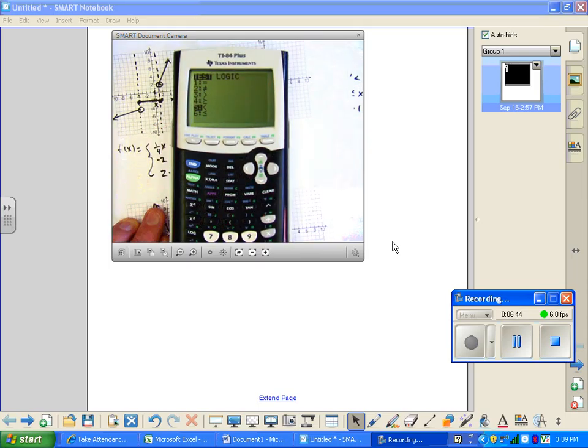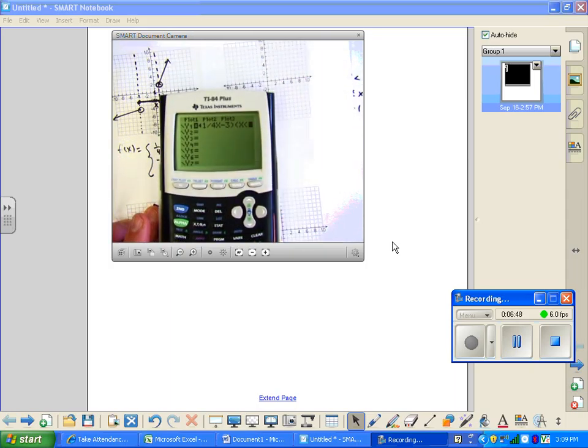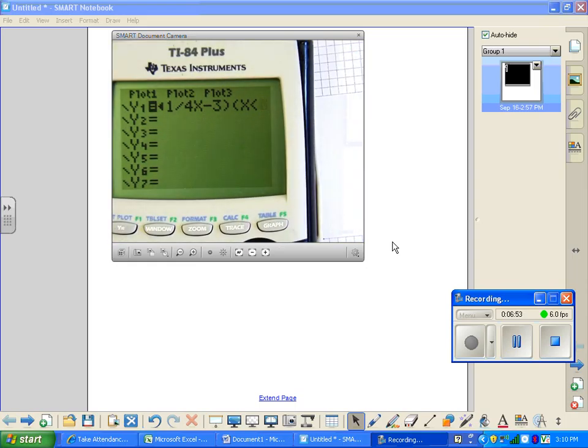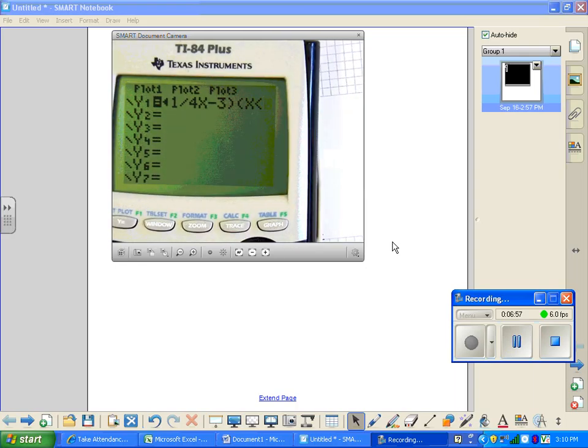So I'll choose that one, or I can hit the number 5 and it throws it into y equals for me. And so we were less than -4. And then close the parentheses.